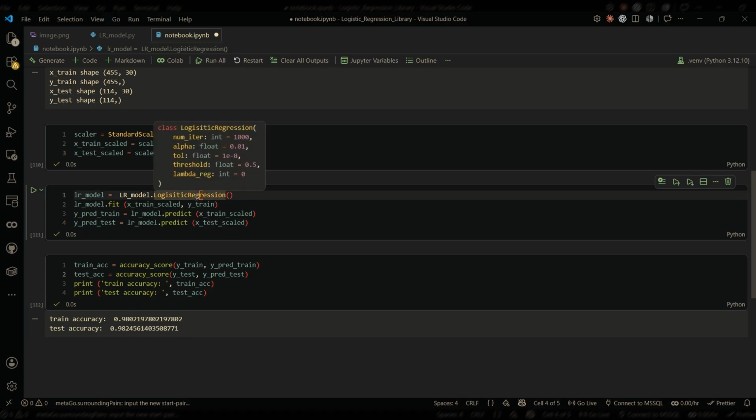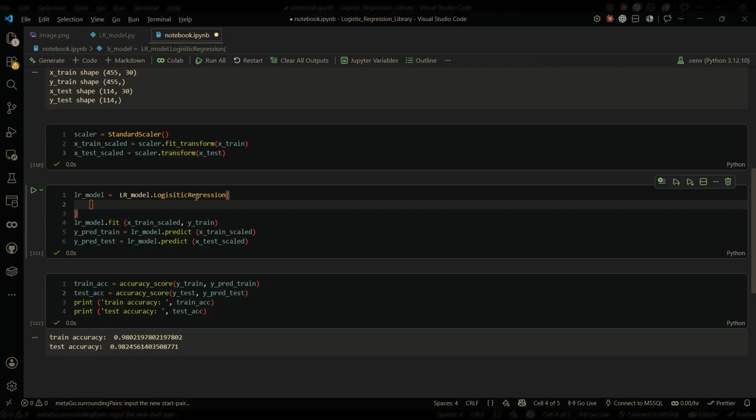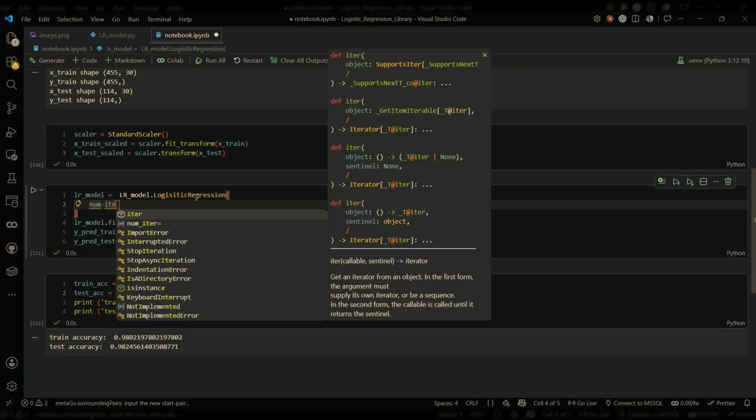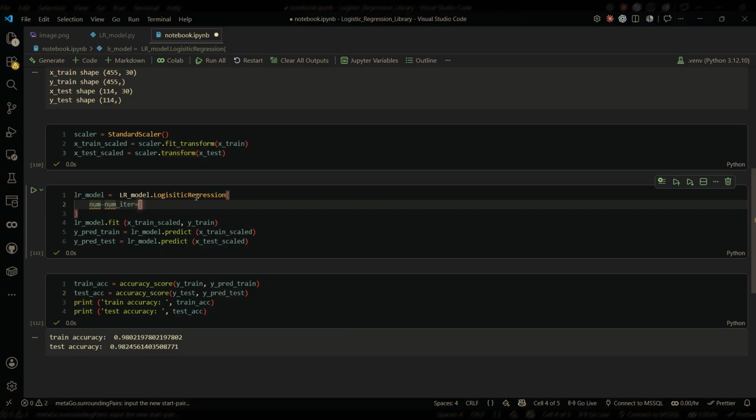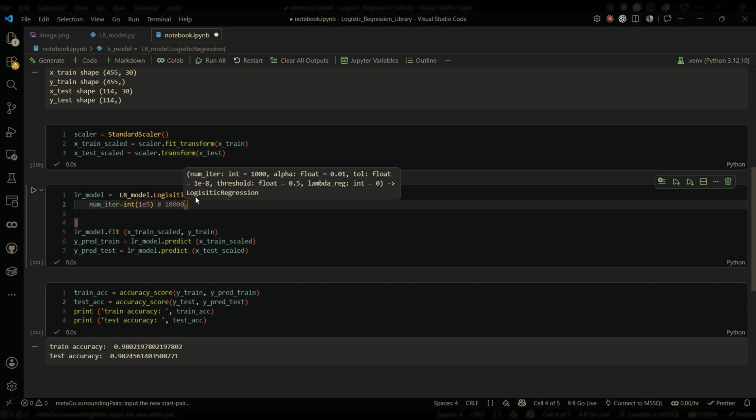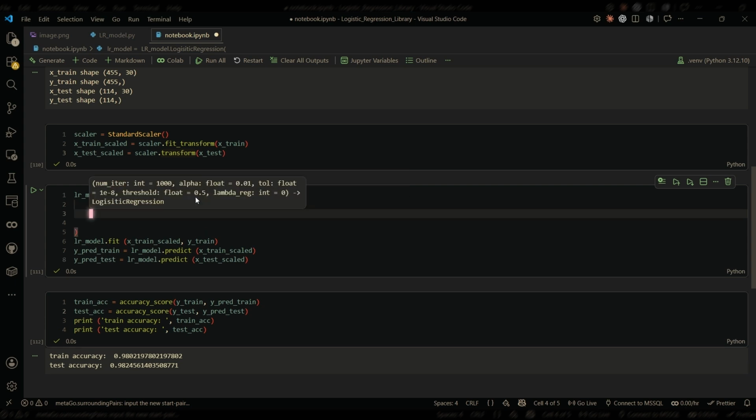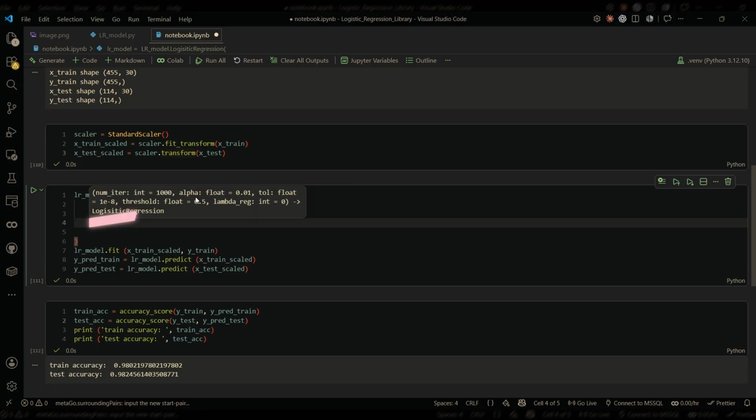Okay, to optimize it, I think we can do something like this. num_iter equals 100,000. Alpha equals 0.01, and tau equals 1e-8.